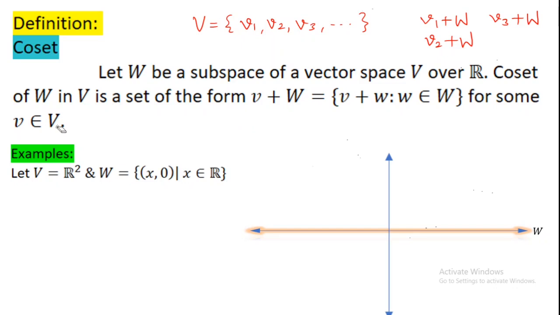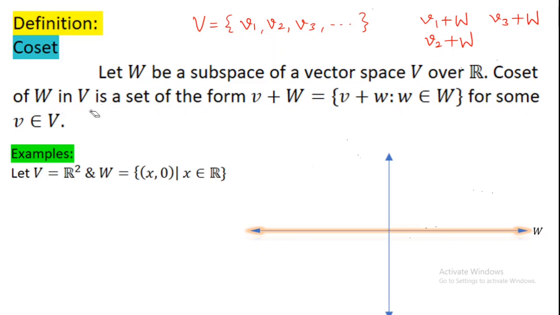Therefore we say it is a coset of W in V. Suppose my vector space is V1 and W is a subspace of the vector space V1, then I will say coset of W in V1. Similarly, if W1 is a subspace of the vector space V1, then my coset will be the coset of W1 in V1.